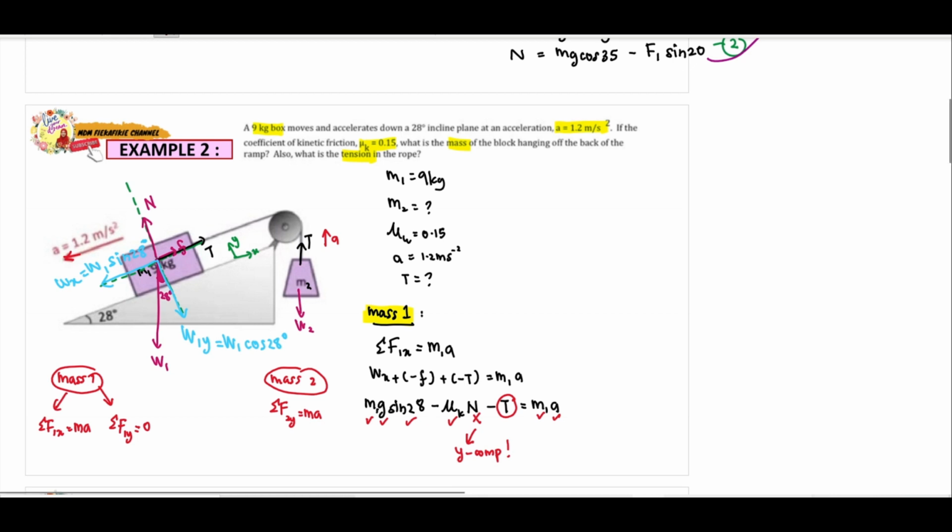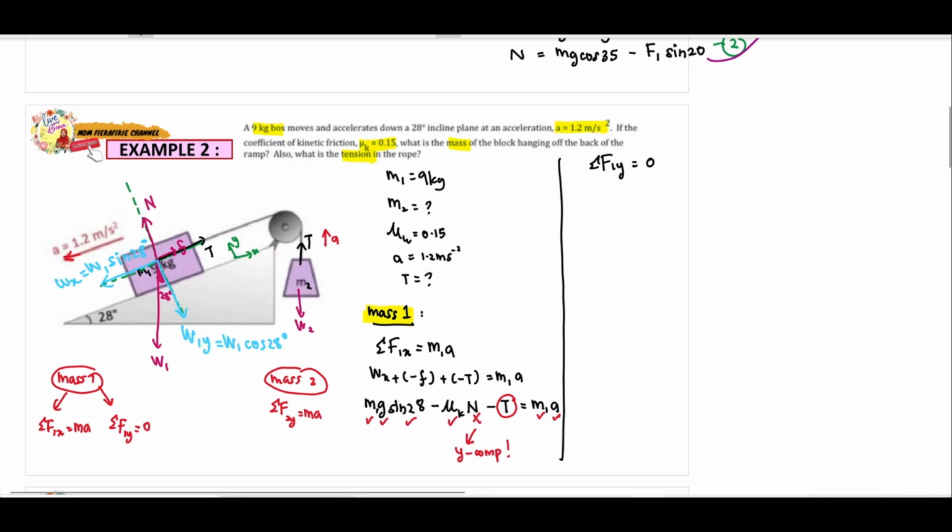So, saya akan teruskan lagi ke equation seterusnya. Saya akan letak kat sebelah ni lah. Tak muat. Okay, so total F1Y equal to 0. So, dekat mass 1, kita ada dua force in Y component. Kita ada normal dan kita ada W1Y. Itu saja. Okay.